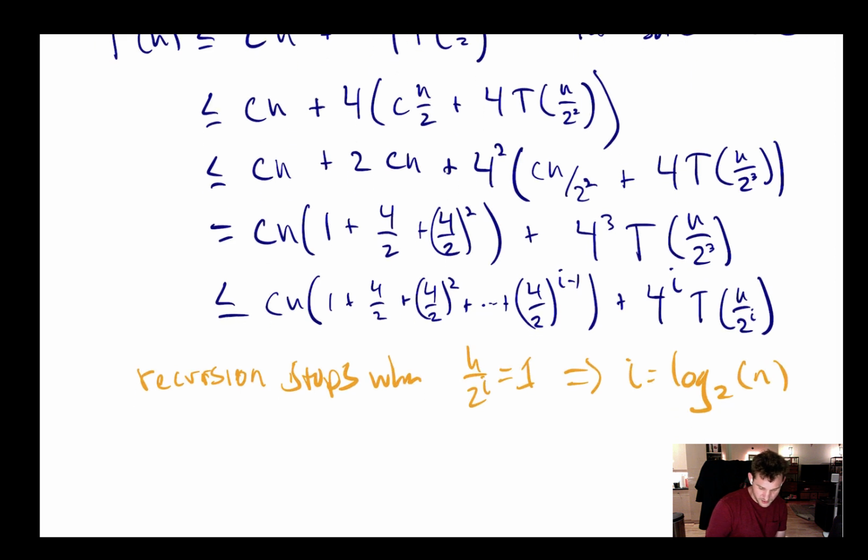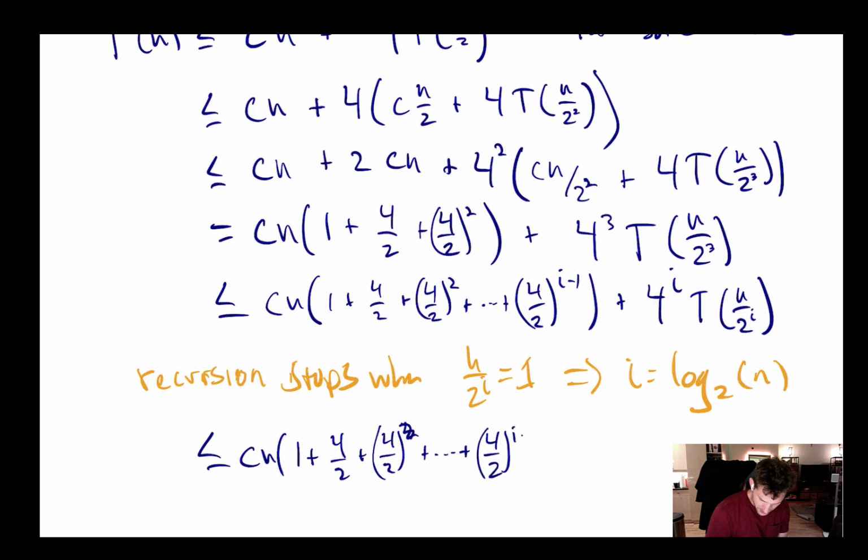We can continue this calculation and write that this whole thing is less than or equal to c times n times 1 plus 4 over 2 plus 4 over 2 squared plus dot dot dot plus 4 over 2 to the log base 2 n minus 1, plus 4 to the log base 2 n times t of 1.